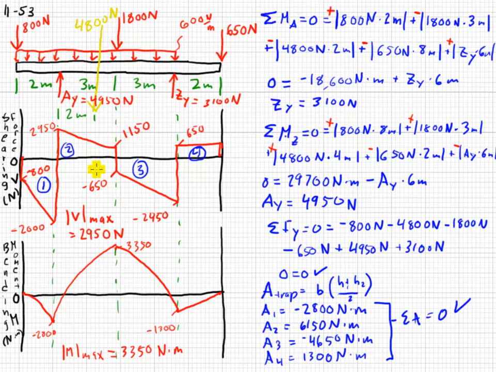Then we created our shearing force diagram, calculated the areas between the curve and the zero line, and for each of those values we were able to construct the bending moment diagram and find our maximum bending moment and maximum shearing force.